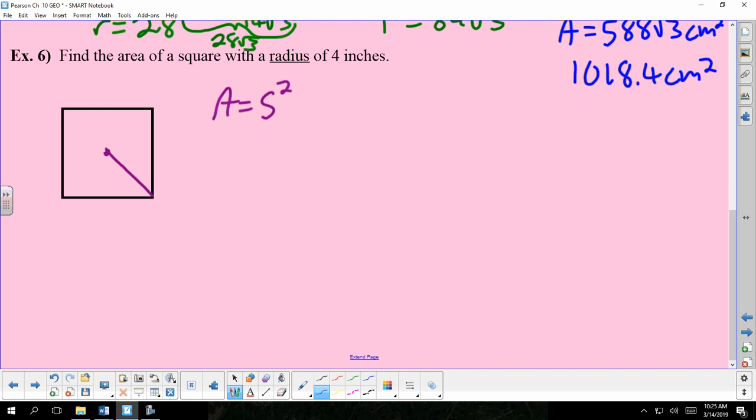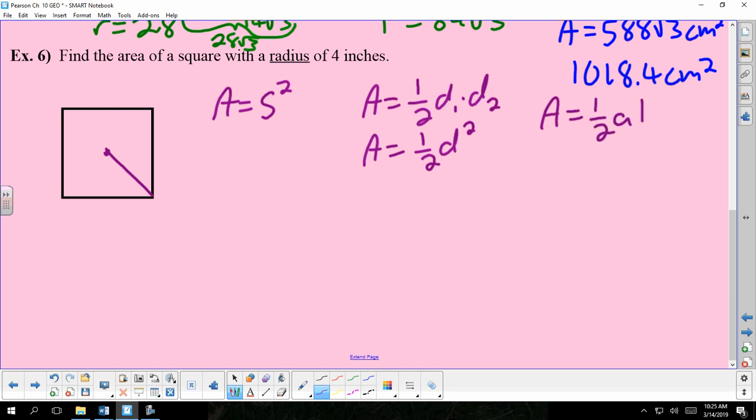So the area of a rhombus is 1/2 diagonal 1 times diagonal 2. And in the square, since those diagonals are congruent, area is 1/2 the diagonal squared. So that's another way to find the area of a square. And since a square is in fact a regular polygon, we can use the area is 1/2 the apothem times the perimeter as well. So 3 different ways to find the area of that square.